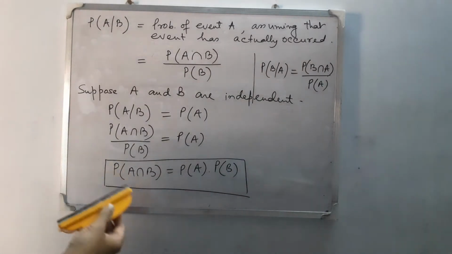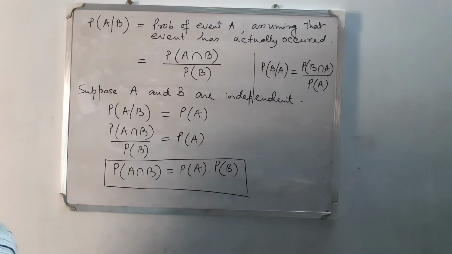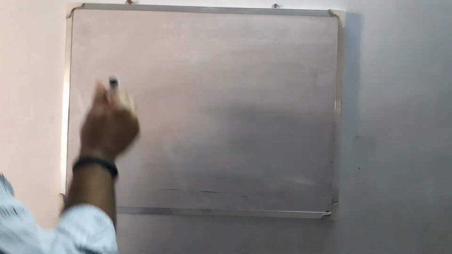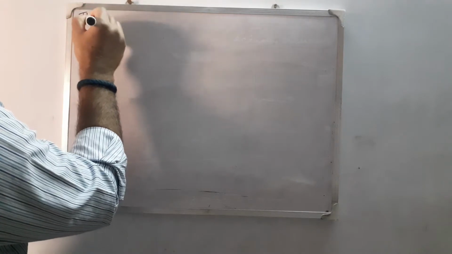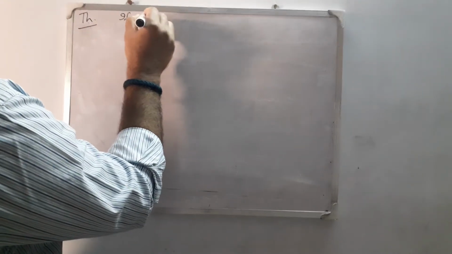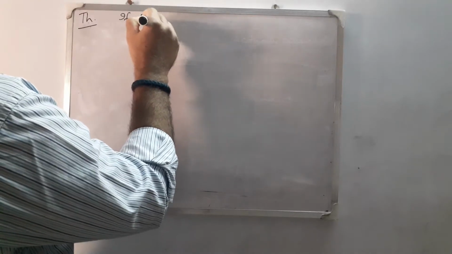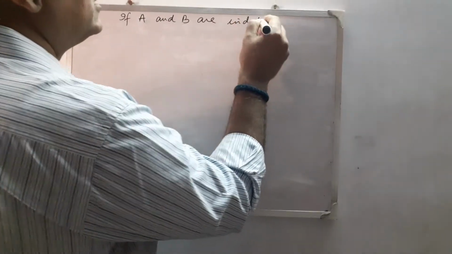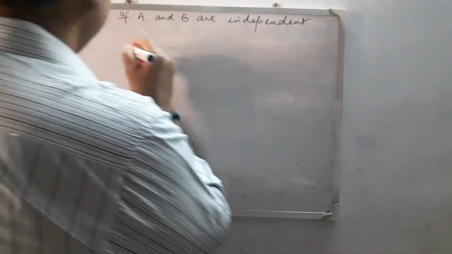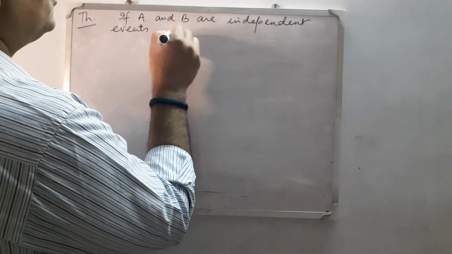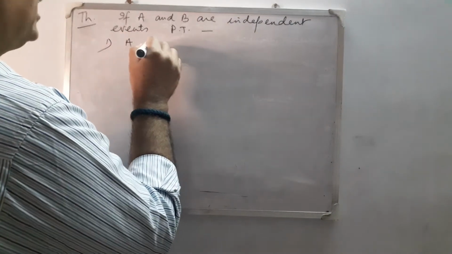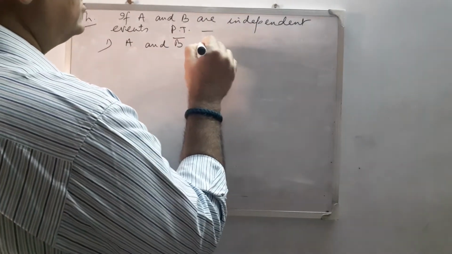Now let us try to prove a few theorems based on independent events. Say we have a theorem. If A and B are independent events, prove that number one, A and B bar are also independent.